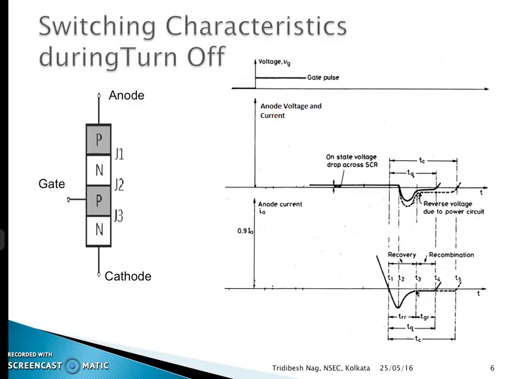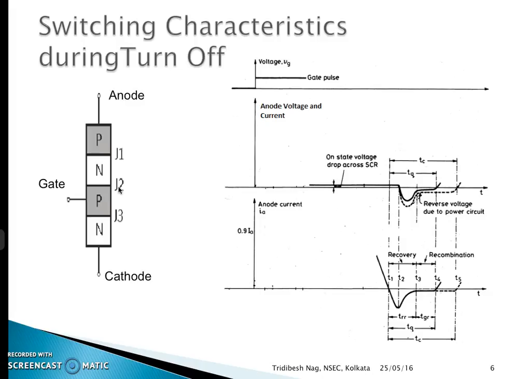The trapped charges around J2, that is the inner two layers, cannot flow to the external circuit. Therefore, these trapped charges must decay by recombination. This recombination is possible if reverse voltage is maintained across the SCR, though the magnitude of this voltage is not important. The rate of recombination of charges is independent of the external circuit parameters.